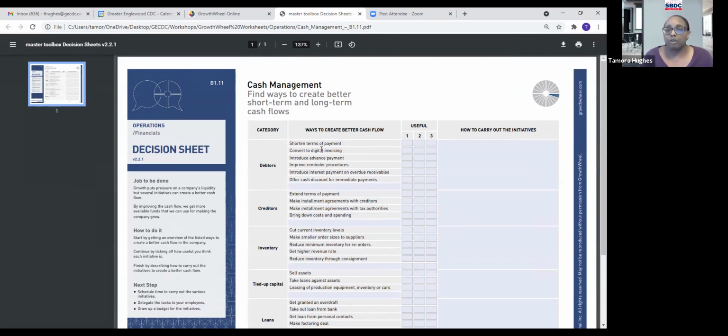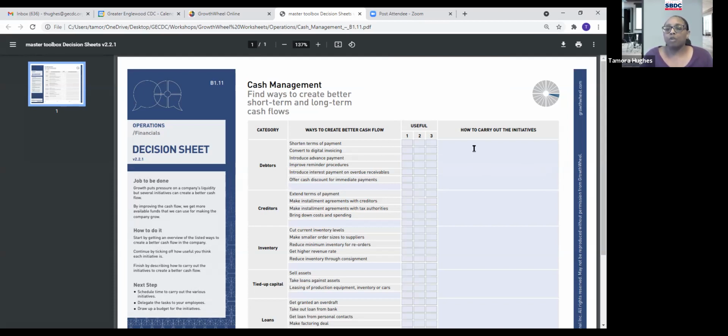You have to ask yourself: shorten terms of payment, convert to digital invoicing, introduce advanced payments, improve reminder procedures, introduce interest payments on overdue receivables, offer cash discounts or immediate payments, or anything else you may think of. So these are people that owe you money for the services.